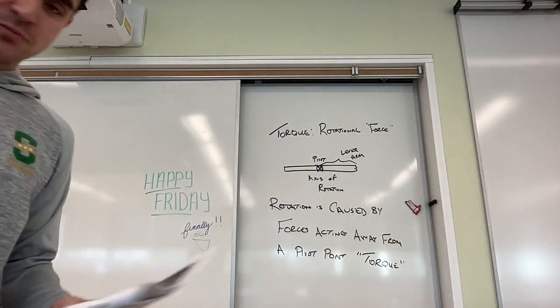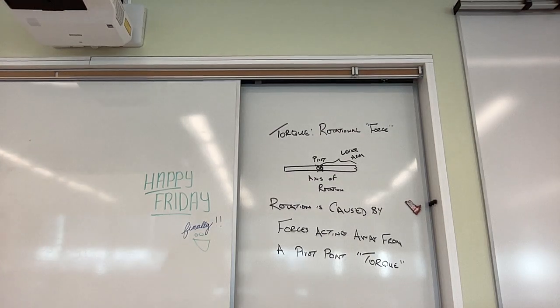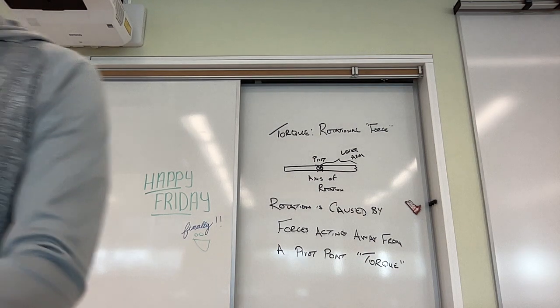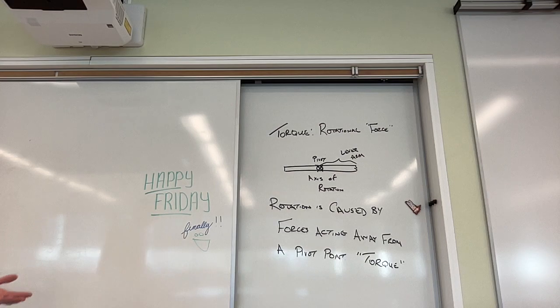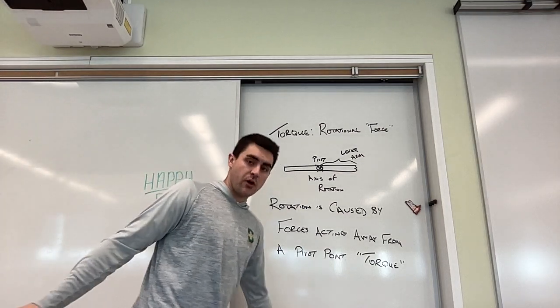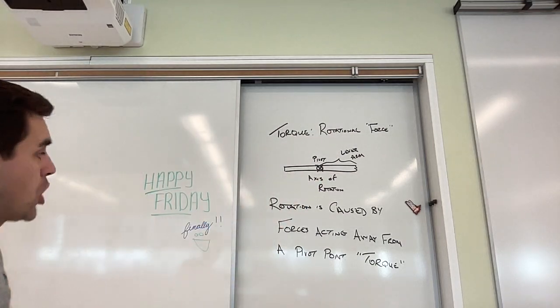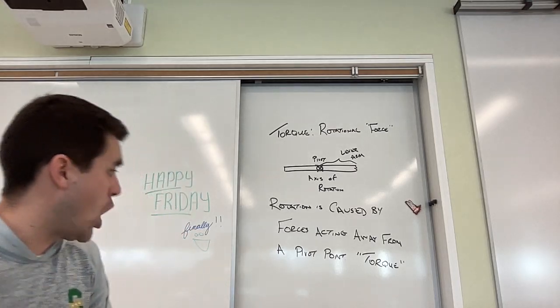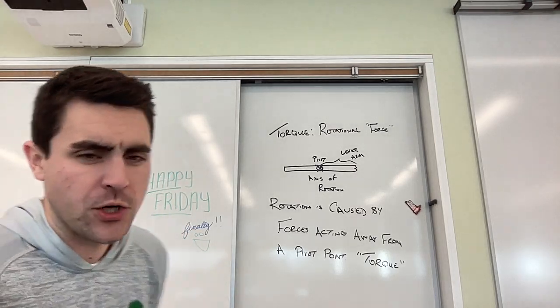An example of this problem that we just saw, some labels of some very obvious things that we see regularly in different rotational torque problems. And then how I define what rotation is caused by, right? Rotation is caused by forces acting away from the pivot point, and we call this torque.